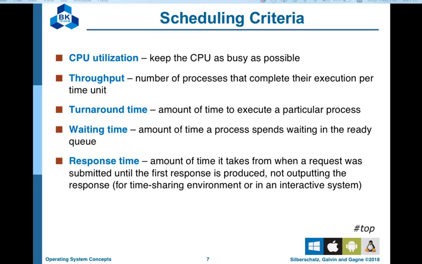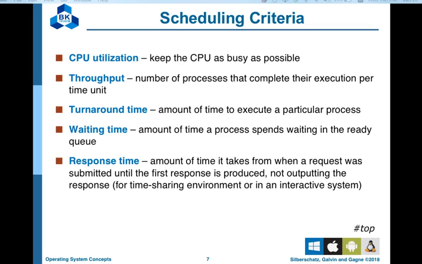So can you answer me? Do you want to maximize or minimize the CPU utilization? Maximize or minimize the throughput? Turnaround time, maximize or minimize, waiting time, and response time?